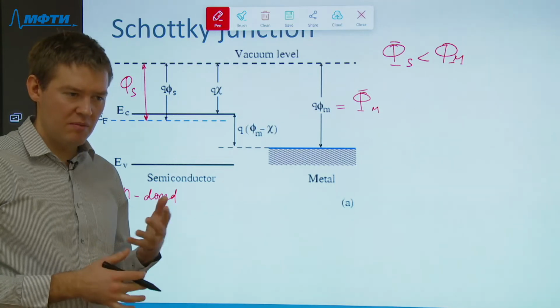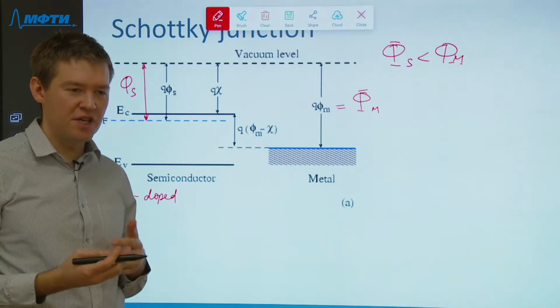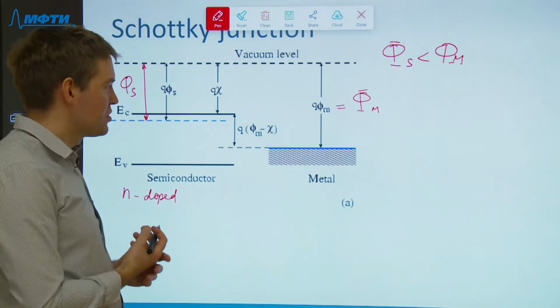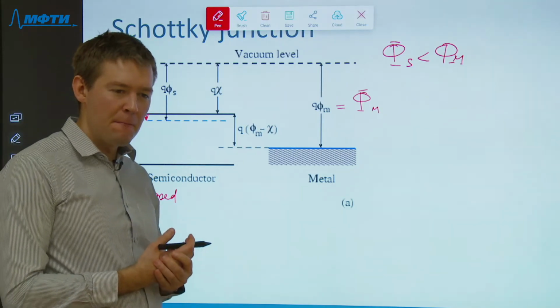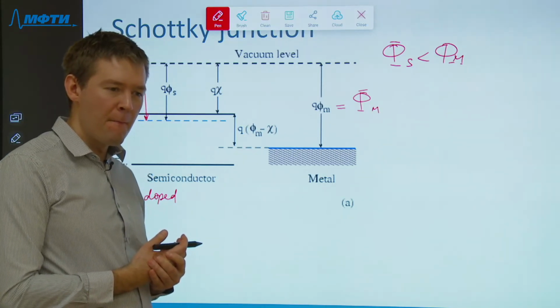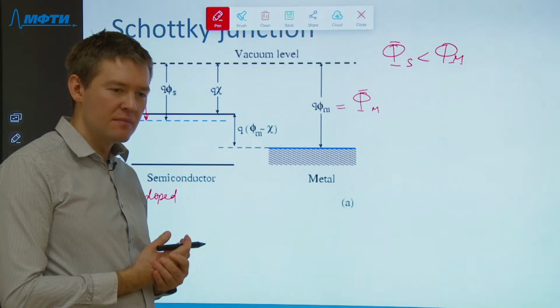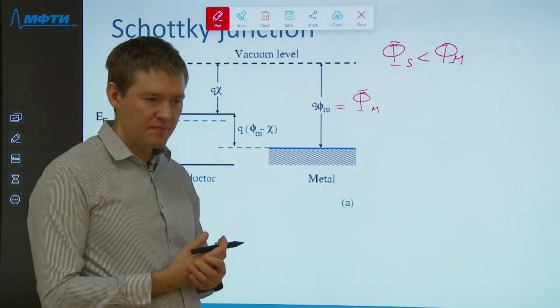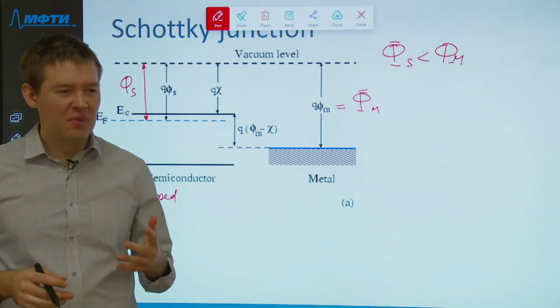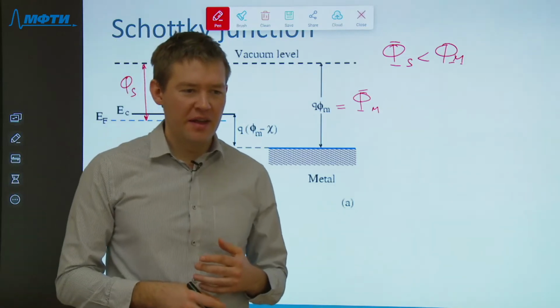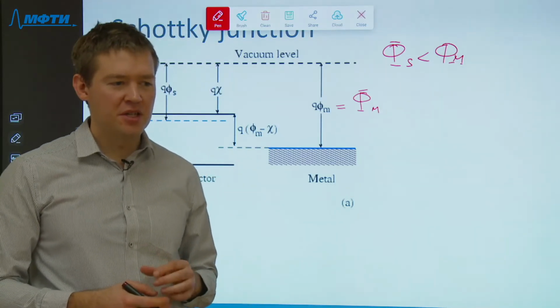There will be some redistribution, motion of charge carriers, where the electrons would move. Well, all bodies try to find the minimum of their potential energy.